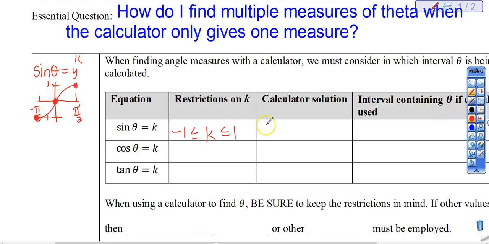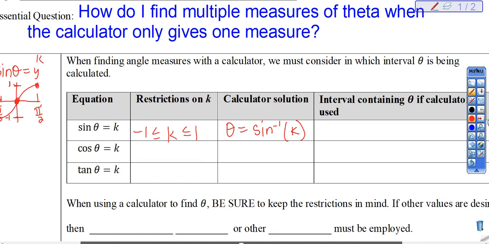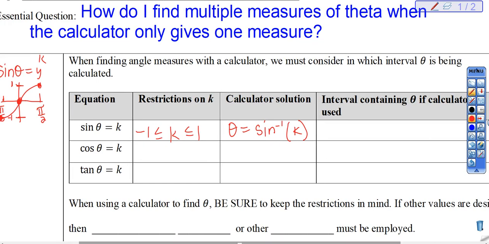Okay, so your calculator, if you're going to find theta, you'll plug in theta is equal to sine inverse of some value k. But the calculator will always give you answers that exist in quadrant 1 when sine, cosine and tangent are positive, and then it'll also give you values in either quadrant 2 or quadrant 4.